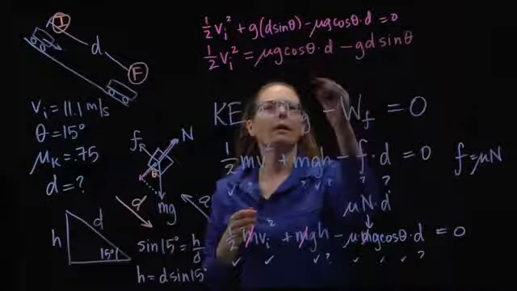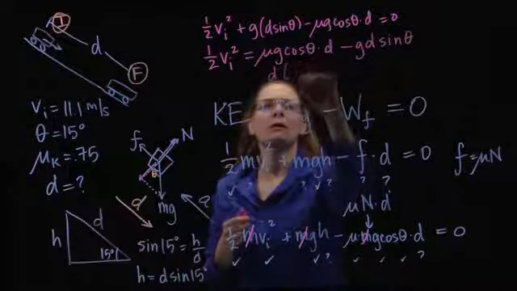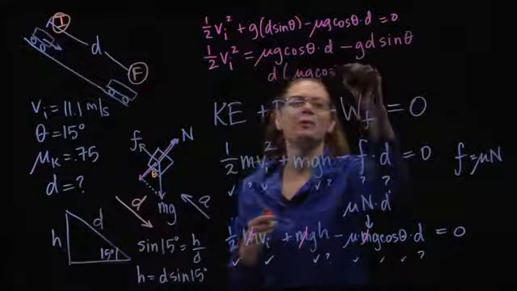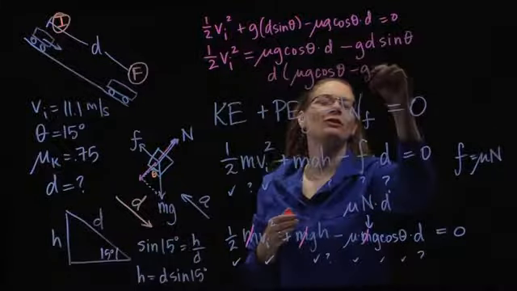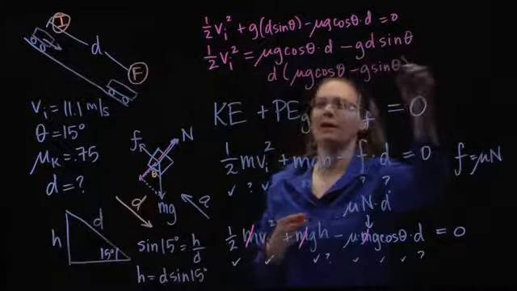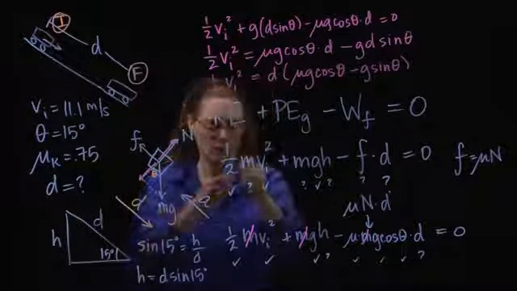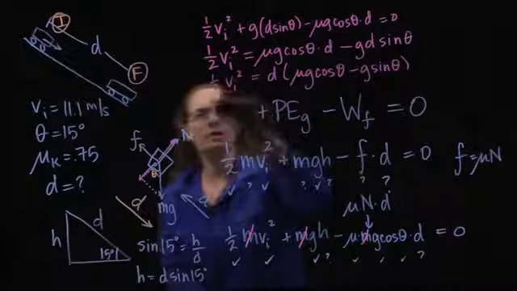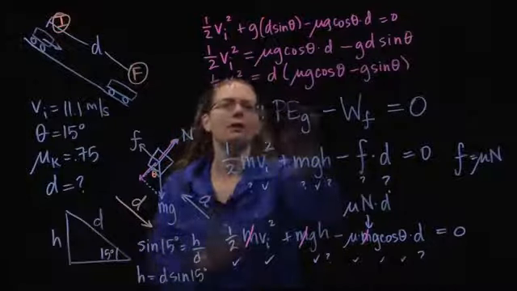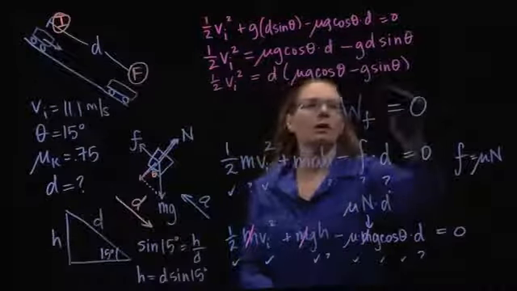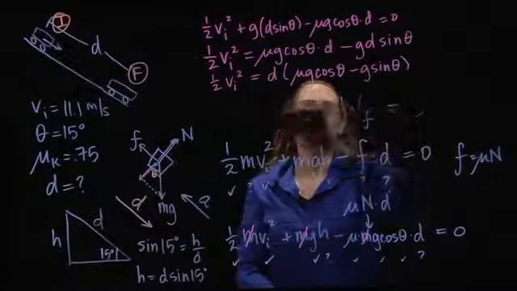Okay, and I'm going to factor out a d on this side. Mu, I got to keep track here, mu g cosine theta minus g sine theta, equals 1/2 initial velocity squared. Okay, I'm getting closer. So I know everything on this side, and I actually know everything in the parentheses.